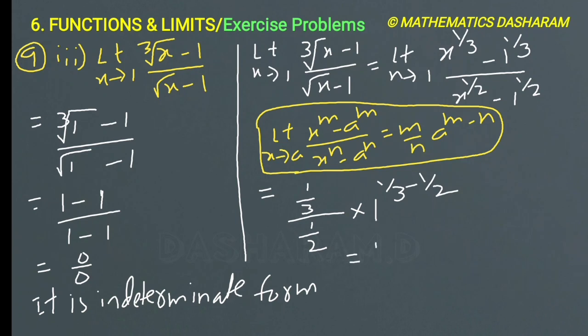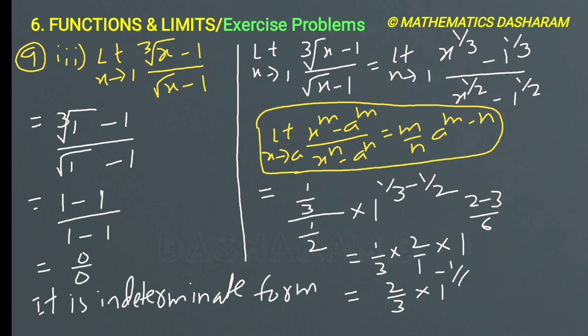It is equal to 1 by 3 into 2 by 1 into 1 to the power of 1 by 3 minus 1 by 2. So LCM of 3, 2 is 6, 2 minus 3. Here 1 by 3 into 2 by 1 is 2 by 3 into 1 to the power of minus 1 by 6. So 1 with any exponent, its answer is 1 itself. So 2 by 3 is the answer.